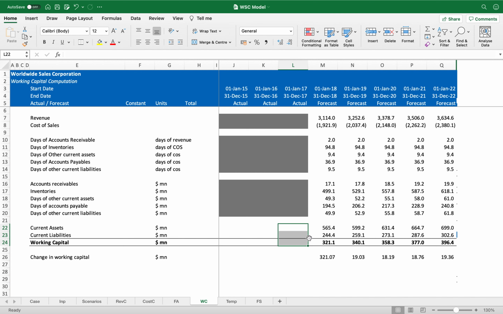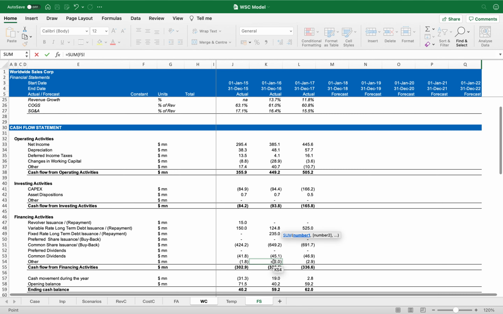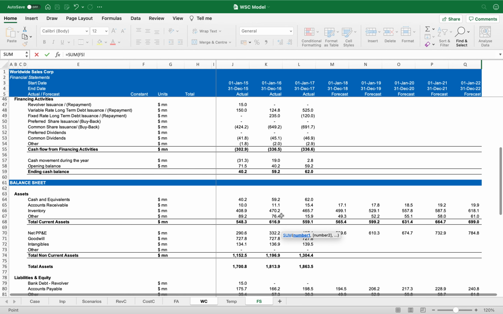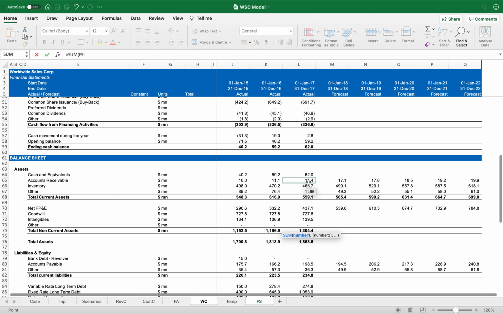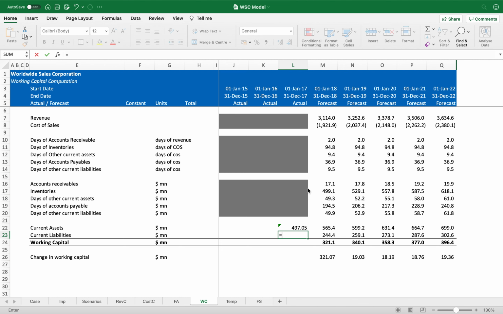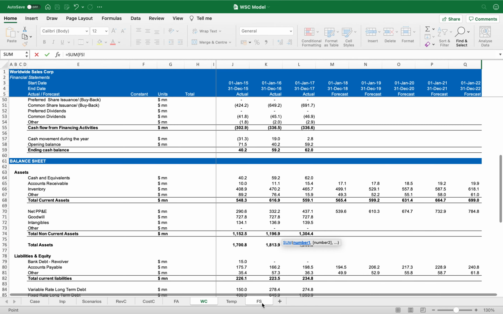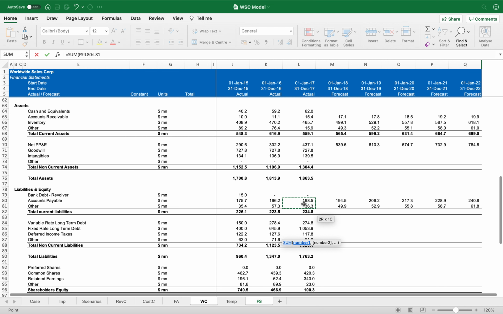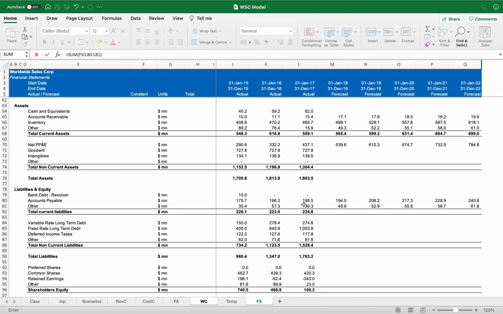Then only I'll get the change. So I need current assets for 2017. I'll just link from the balance sheet: receivable, inventory and others, and current liabilities for 2017, again payables and other current liabilities.